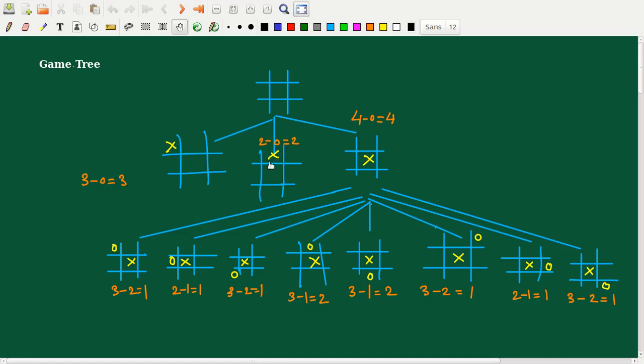If I play the next way and put the sign at this location, then this player has 2 chances of winning.